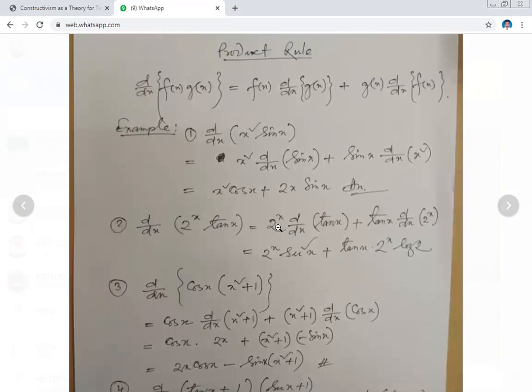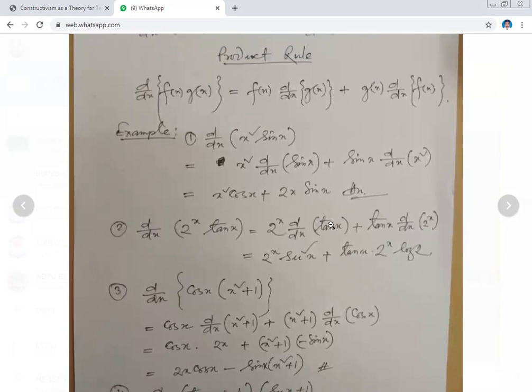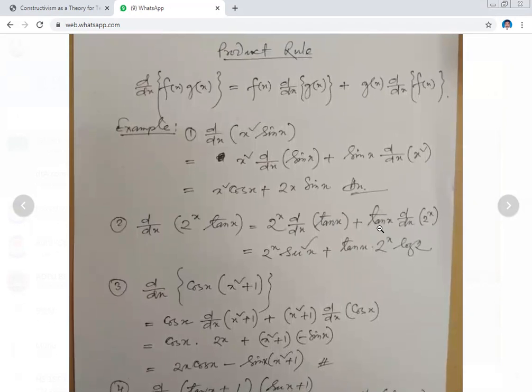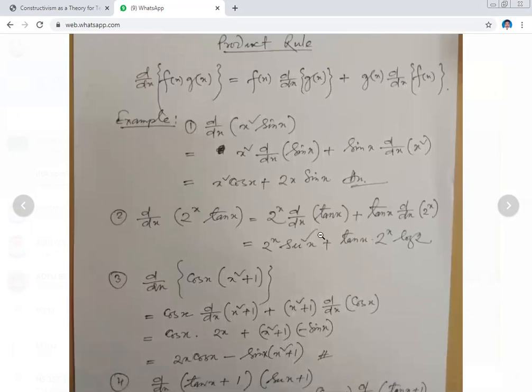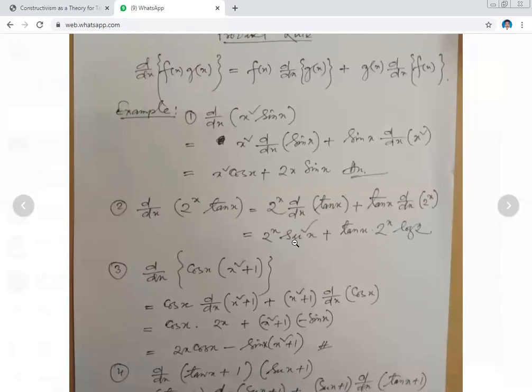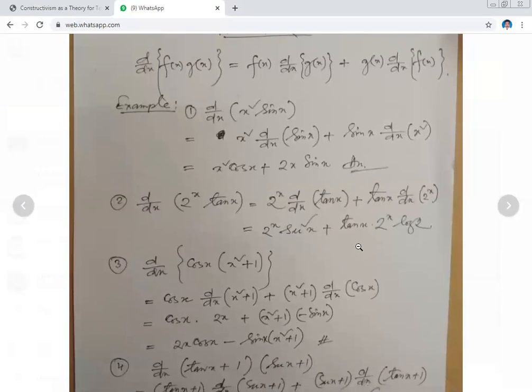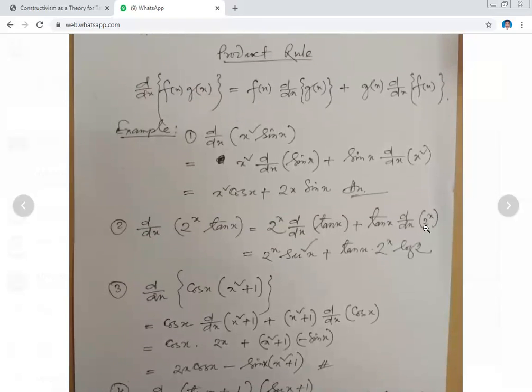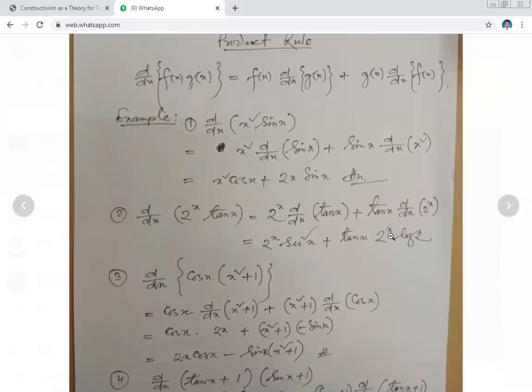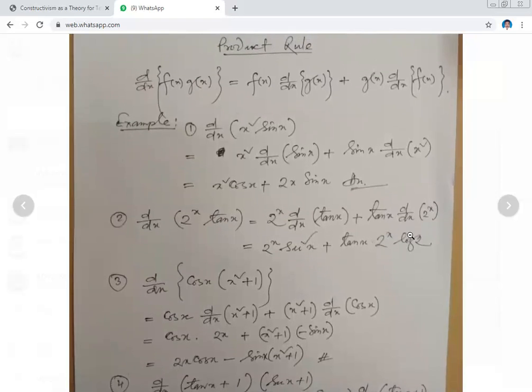So first function as it is, derivative of second function tan x, plus second function tan x as it is, derivative of the first function 2 to the power x. So 2 to the power x as it is, tan x derivative sec square x, and tan x as it is, 2 to the power x derivative by the a to the power x formula: a to the power x log a, that means 2 to the power x log 2.